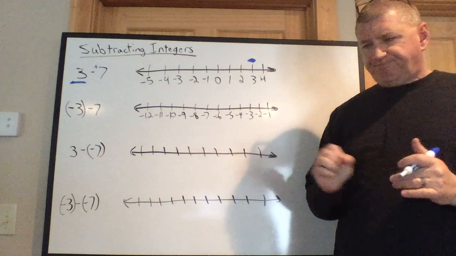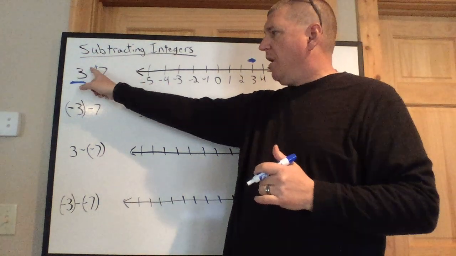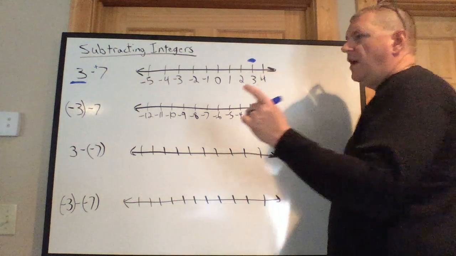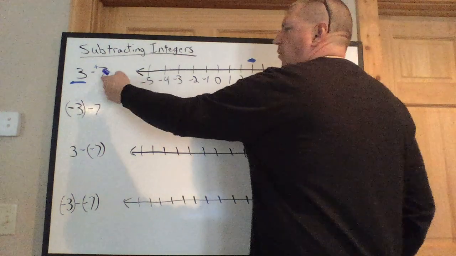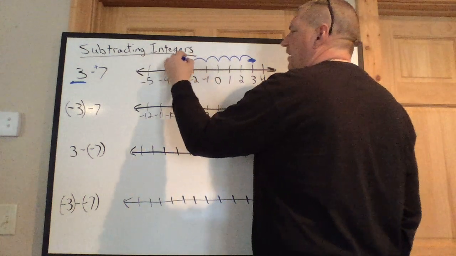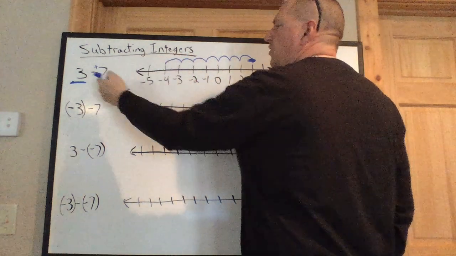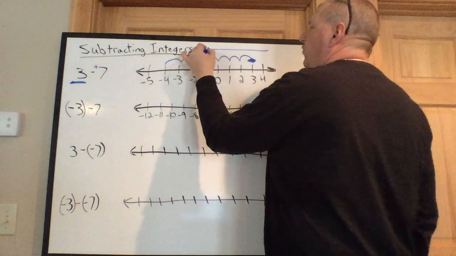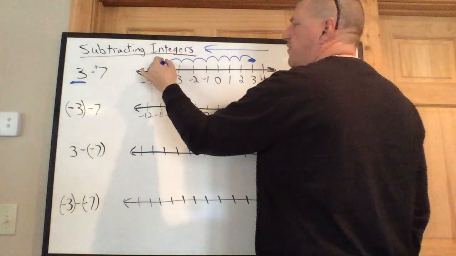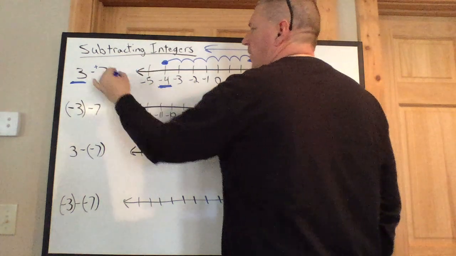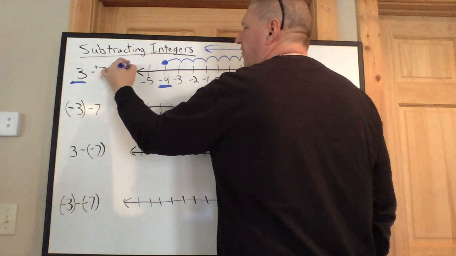So when you're subtracting a positive number, you move to the left on a number line, and we're going to move 7 units. 1, 2, 3, 4, 5, 6, 7. So again, subtracting a positive number, we move to the left 7 units. There's my ending spot. That becomes my solution of -4.